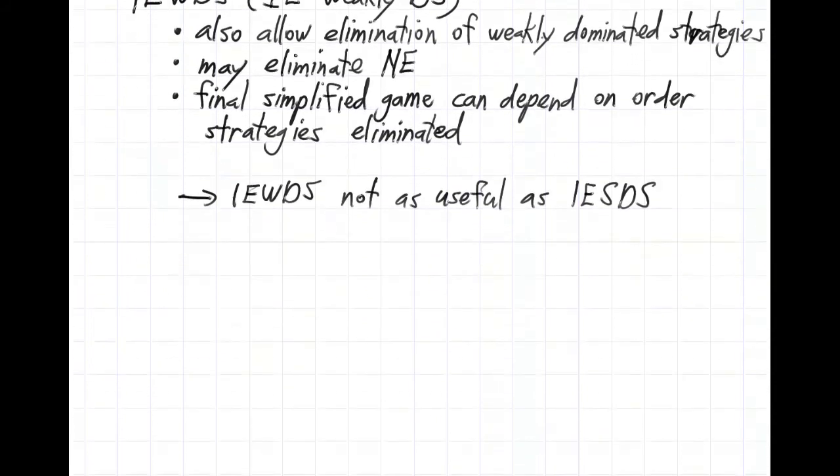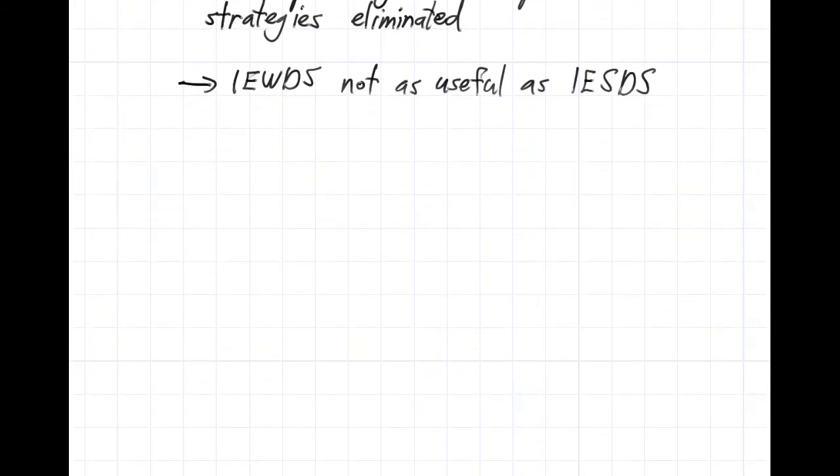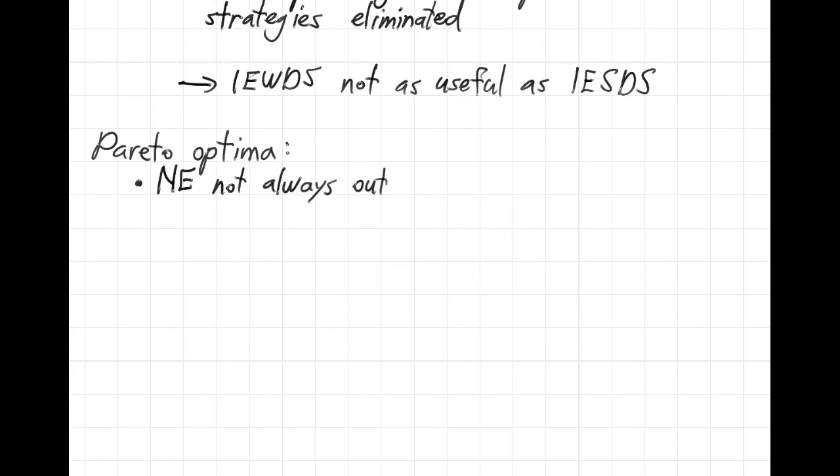Okay, let's move on to the Pareto optima. It's another solution concept, and it can be useful and reveal some important, interesting aspects of a game. First, we should note that the Nash equilibrium, or equilibria, are not always the outcomes that players would prefer.